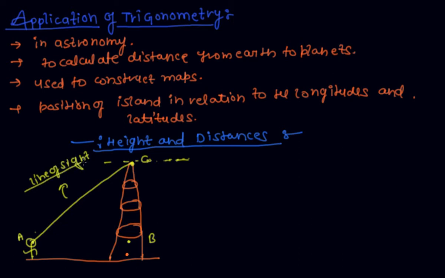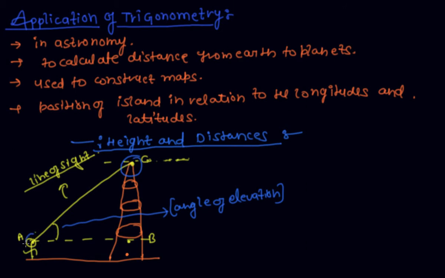And the second thing, the angle BAC, or we can say the angle formed by line of sight with the horizontal, is called angle of elevation: the angle of elevation of the top of the minar from the eye of the student.